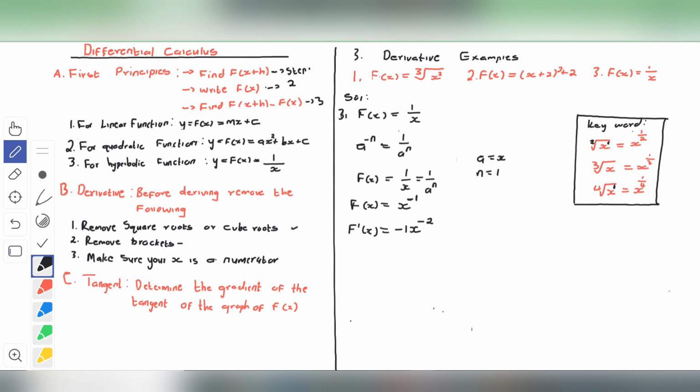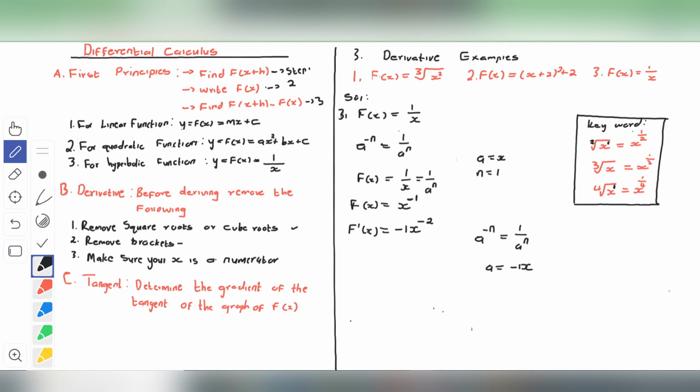Again, you can check this: a to the negative n is equal to 1 over a to the power of n, the exponential laws, right? So therefore, what is our a? We can see that our a is negative 1x, right?